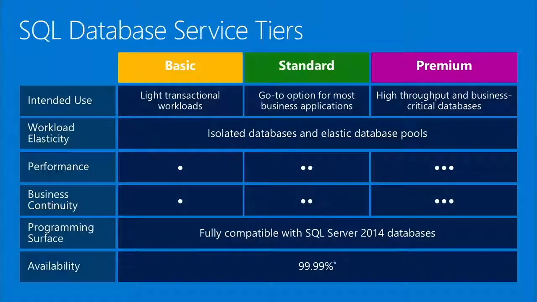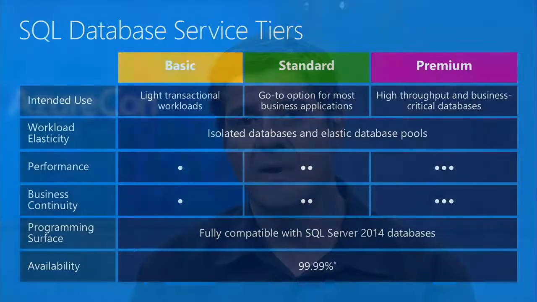With standard databases, you also have the option of geo-replicating your databases between Azure regions that are paired. So for example, if you create a standard database in North Europe, you can geo-replicate it to West Europe. The pairing always remains within the same geopolitical region.